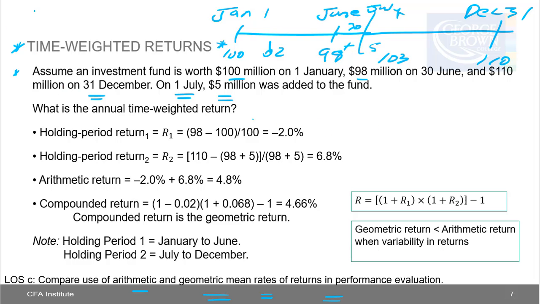We're going to calculate a time-weighted return, and so to compare the performance of one fund from 1 year with that from the next year, or to compare the performance of one fund with that of another fund, requires that the returns be measured on a consistent basis over time and across fund managers.